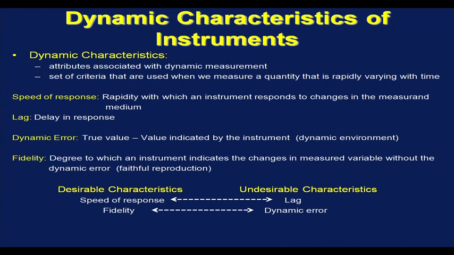Similar to static characteristics, we have a few desirable dynamic characteristics and a few corresponding undesirable dynamic characteristics. The desirable dynamic characteristics are speed of response, which is defined as the rapidity with which an instrument responds to changes in the measured medium or measurand.